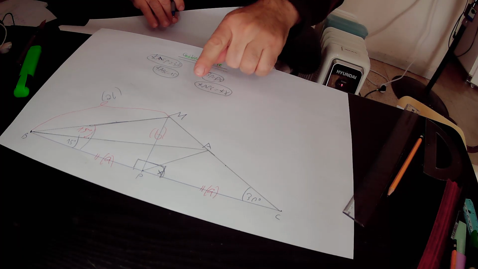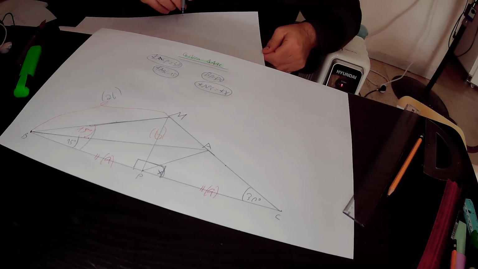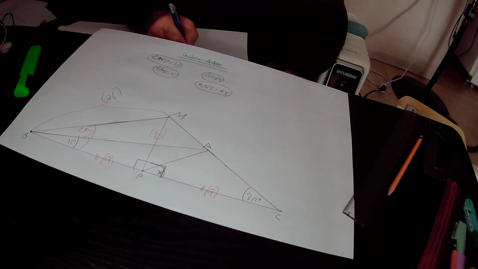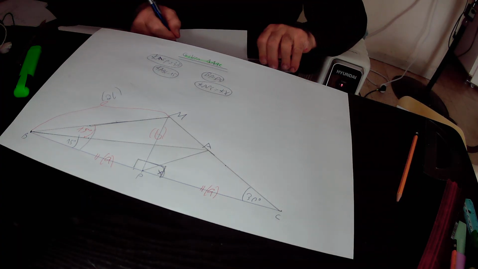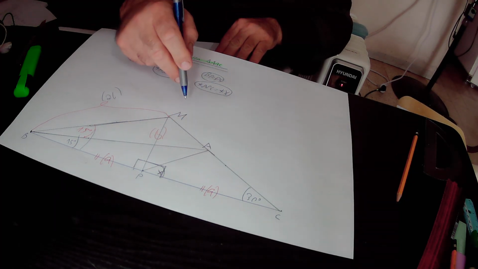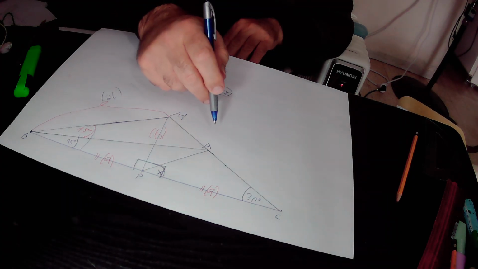In the next step, we'll focus on this right triangle MPC. In the right triangle MPC, we know that b over a equals MA over AC.